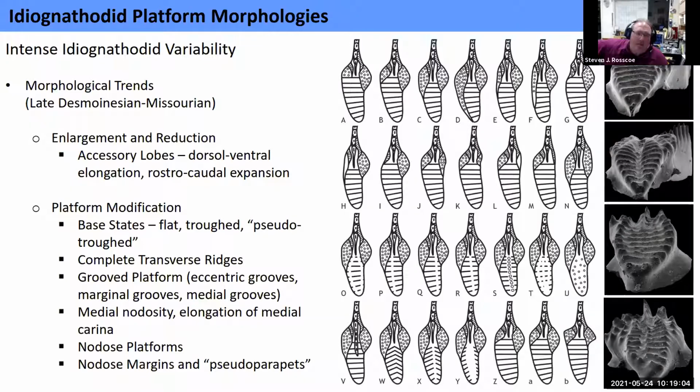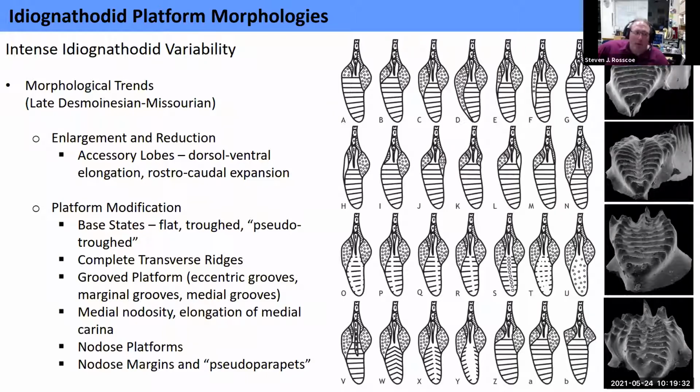The bottom two photos are attempts by those platformed elements to develop their own trough without actually troughing. We'll talk more about those as we see them pop up in our cycle by cycle analysis. The platform modifications we're looking at follow two basic trends, enlargement and reduction.